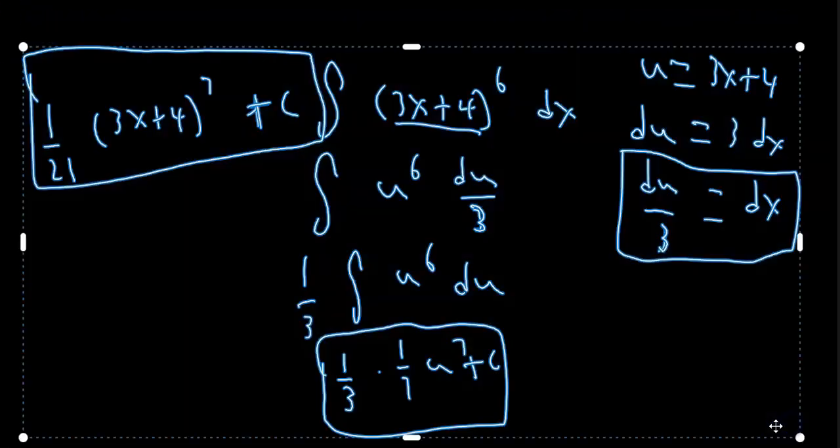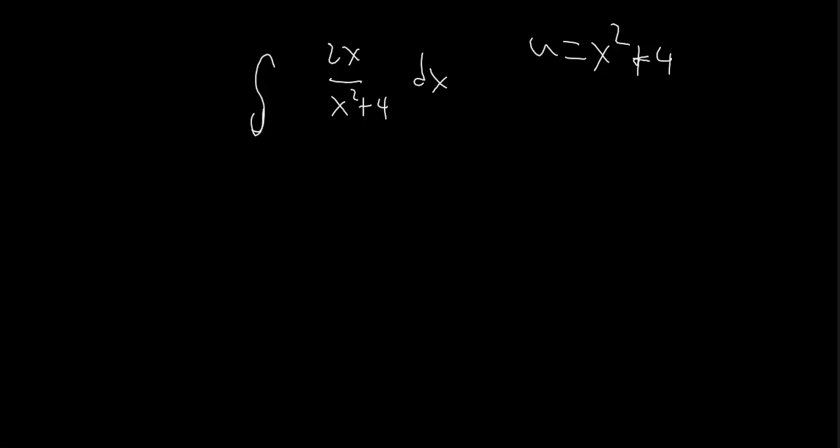Let's do another example. Now, in this case, you want to make u x squared plus 4. Now, why do you want to do that?